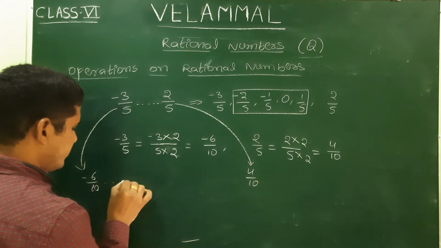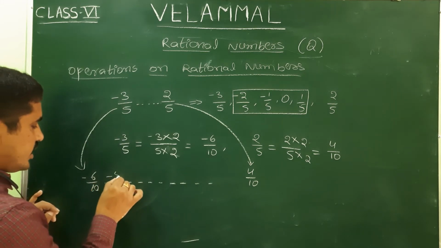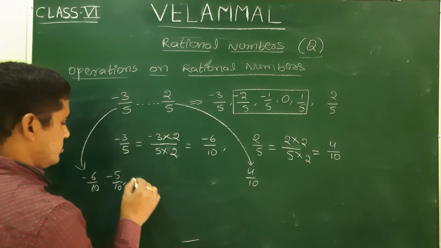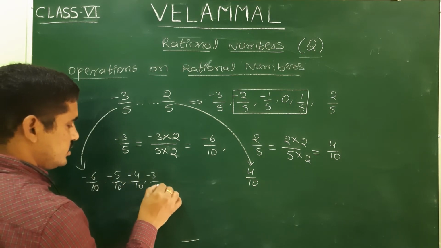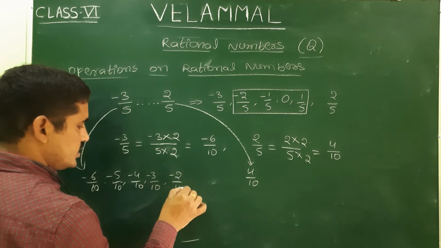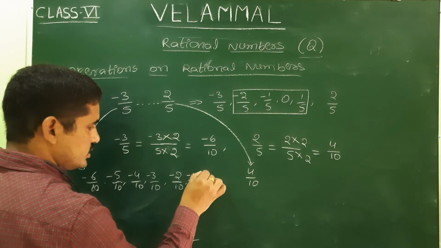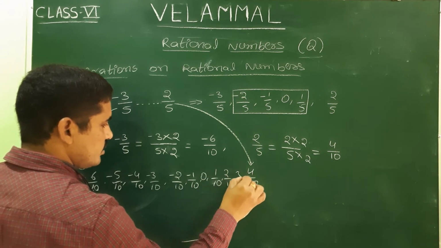So now in between there will again be infinite rational numbers. Those are minus 5 by 10, minus 4 by 10, minus 3 by 10, minus 2 by 10, minus 1 by 10, 0, 1 by 10, 2 by 10 and 3 by 10.